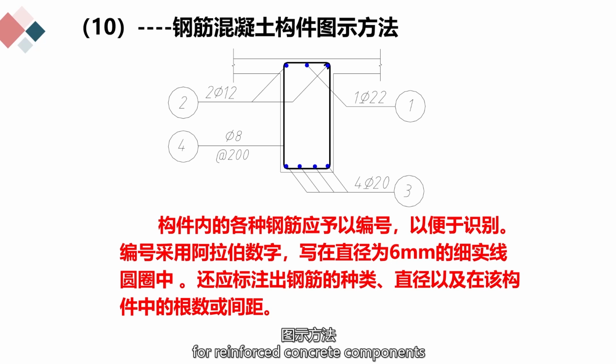For reinforced concrete components, all kinds of steel bars within the component should be numbered for easy identification. The numbering is in Arabic numerals, written in a thin solid line circle with a diameter of 6 mm. It is also necessary to mark the type of steel bars, the diameter, and the number of bars, or the spacing in this component.